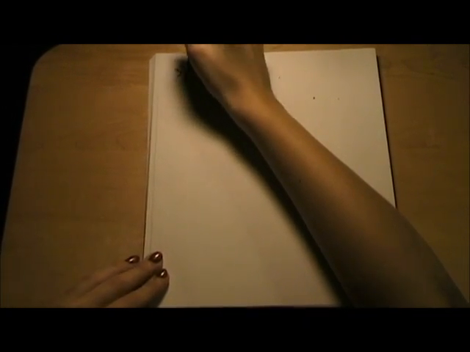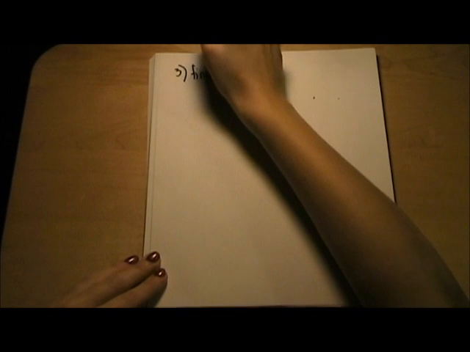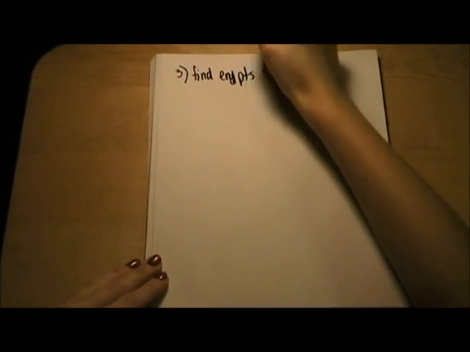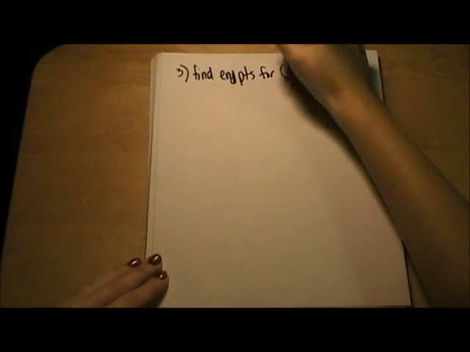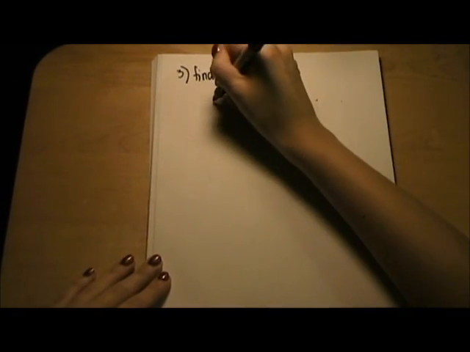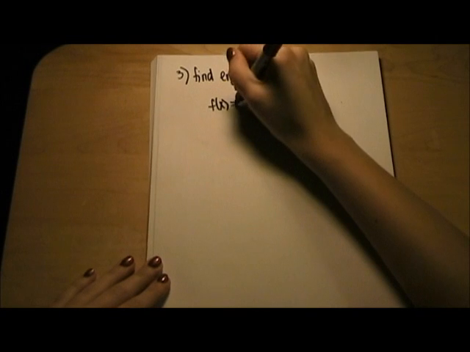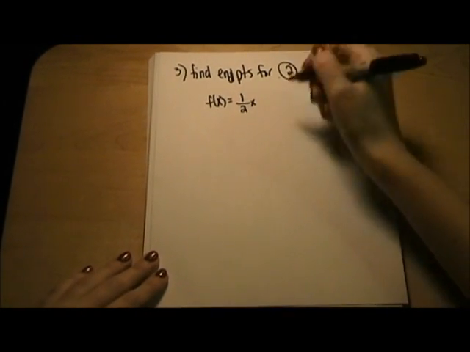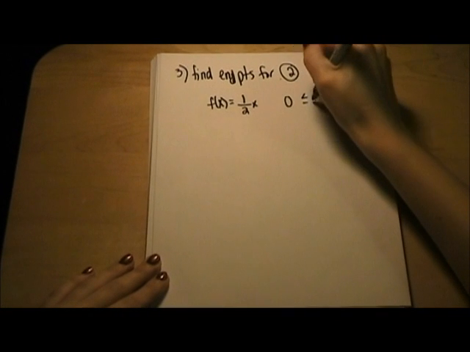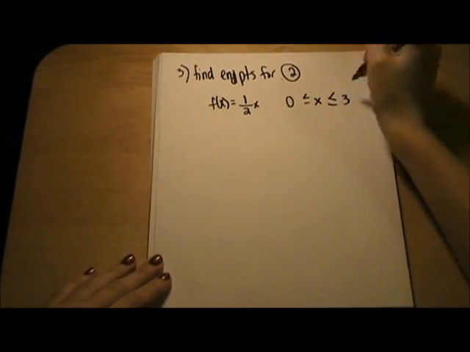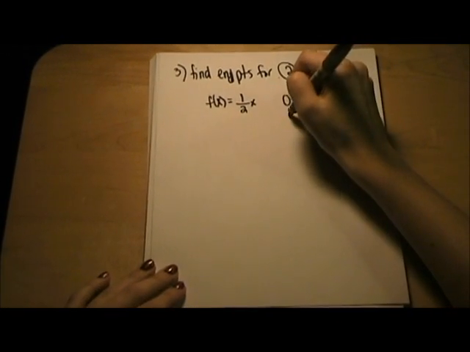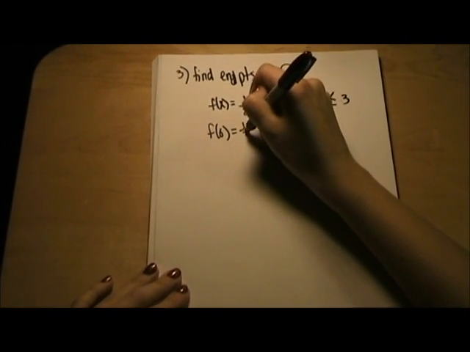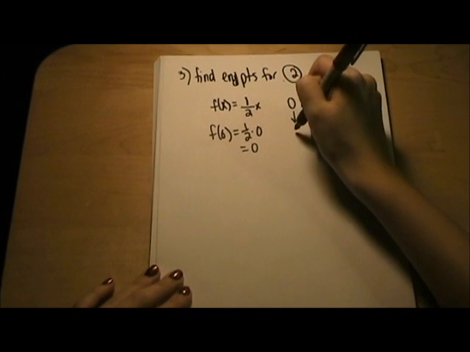The third step, we're going to find endpoints for equation 2. So equation 2 was f of x equals 1/2 x. And our endpoints were 0 less than or equal to x less than or equal to 3. So we're going to plug in 0. f of 0 gives us 1/2 times 0, which gives us 0.